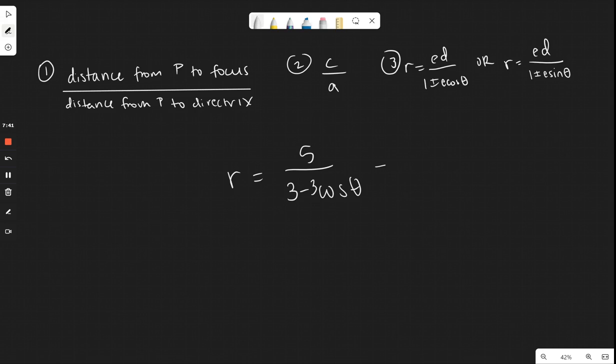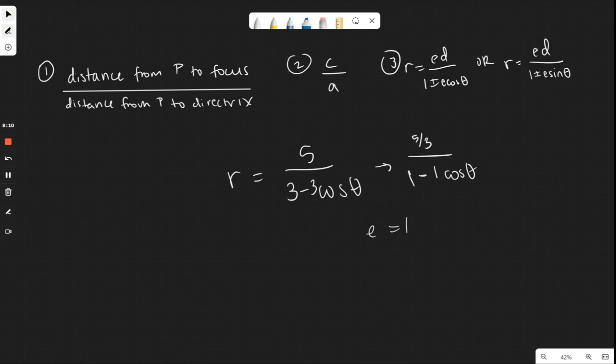So this gives us 5 over 3 on the top, and then 3 over 3 on the bottom, which is just 1, minus 3 over 3, which is 1, cosine theta. Now, looking at this, we should have 1 plus or minus e cosine theta. And because we have 1 here and 1 here, it tells us that e is equal to 1.